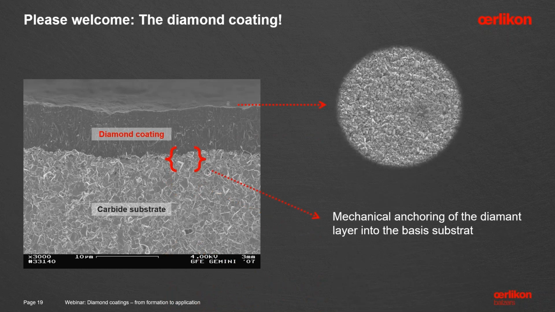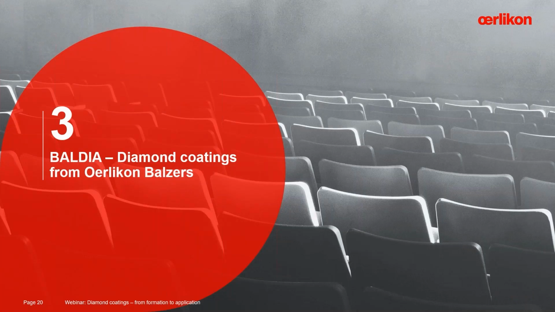We will see some examples afterwards, where we see the diamond crystals at the surface. And here, very important, that's what we made the pre-treatment for, this layer of diamond is mechanically attached to the carbide at this layer phase. And now we have our coating.